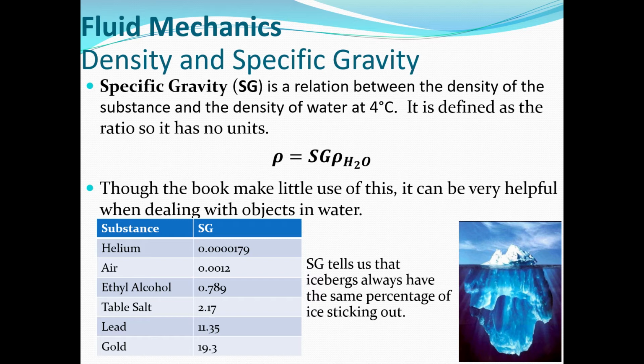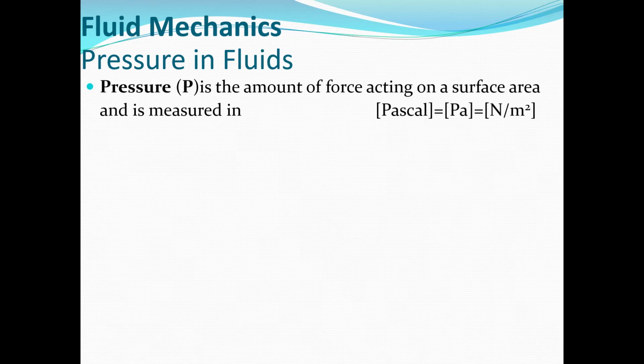As you've probably heard before, I don't know the exact number, but 80 to 90% of the mass of an iceberg is below the water. The reason that's true is because the iceberg's specific gravity dictates that that amount always has to be below the water. Like I said, we'll talk about that in a second.